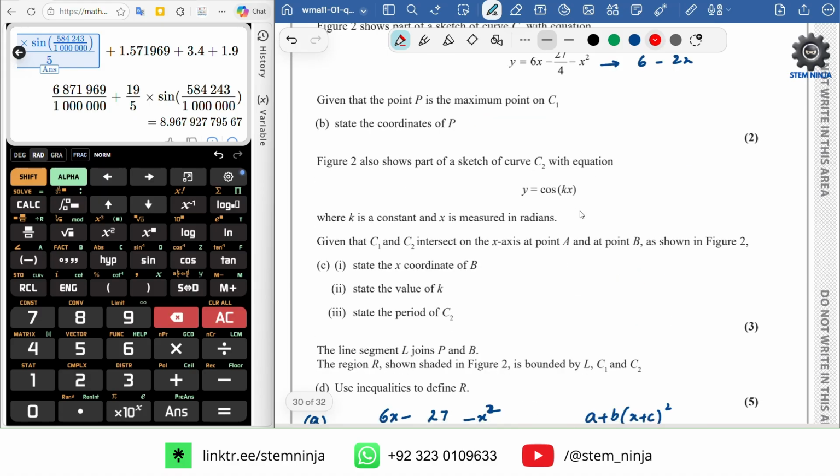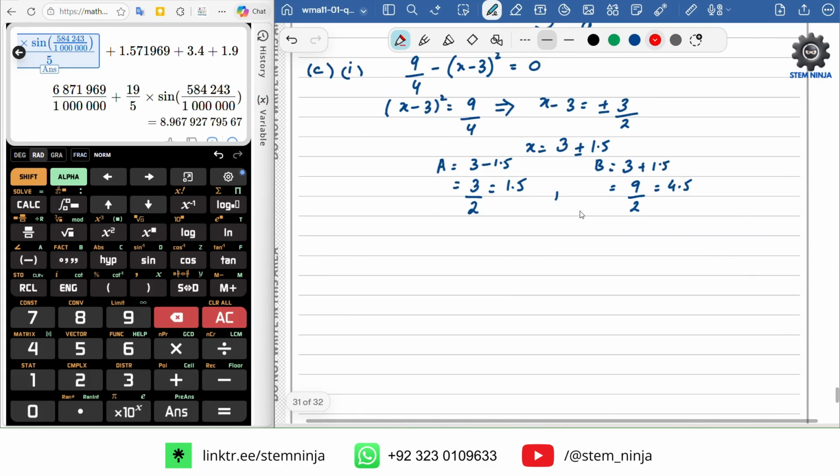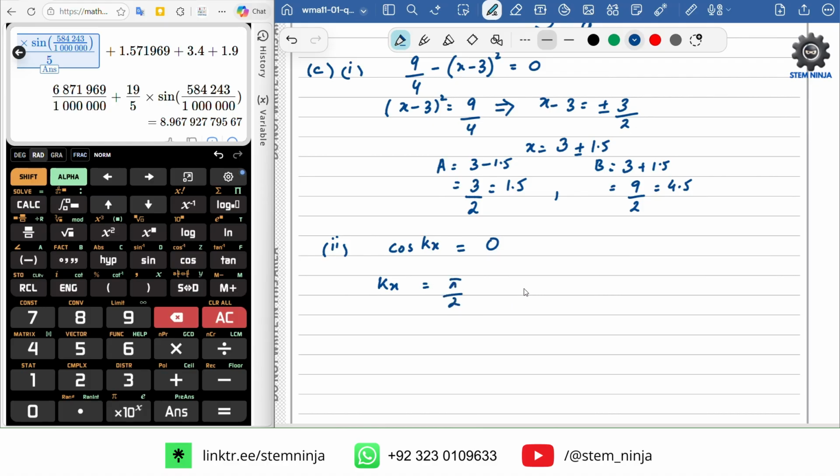So this kx corresponds with pi by 2 or 3 pi by 2. So cos of kx equals 0. That means kx is either pi by 2 or kx is 3 pi by 2.